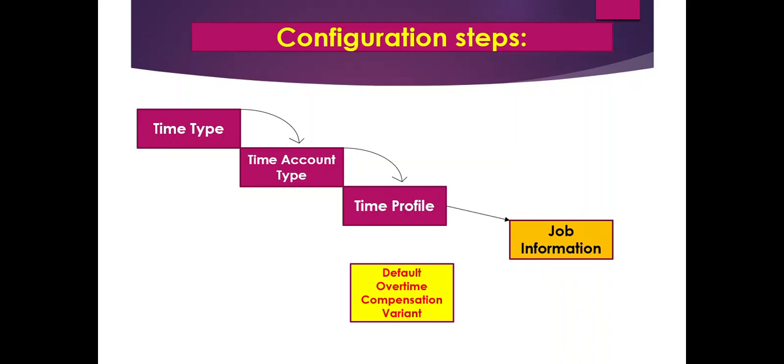So this variant is the indicator by which the system can understand what kind of configuration we are going to configure for our requirement. And this field should also be set on the employee's job information. So this is the overall basic structure of configuration from a theoretical point of view. So let's go to the system and try to check how we can configure that.